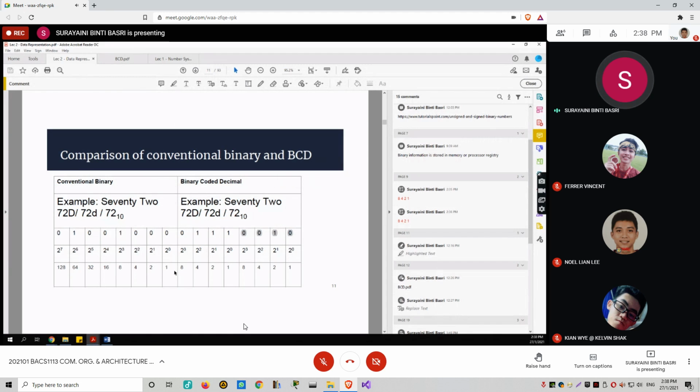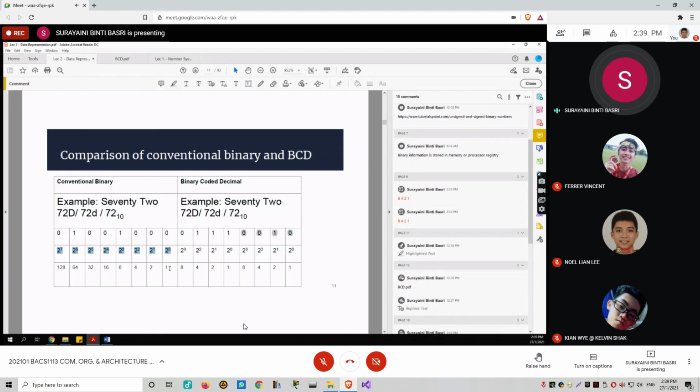We will get 1001000, and then we know that each of these weightage is this one. So you guys just remember this is the value of each of these weightage.